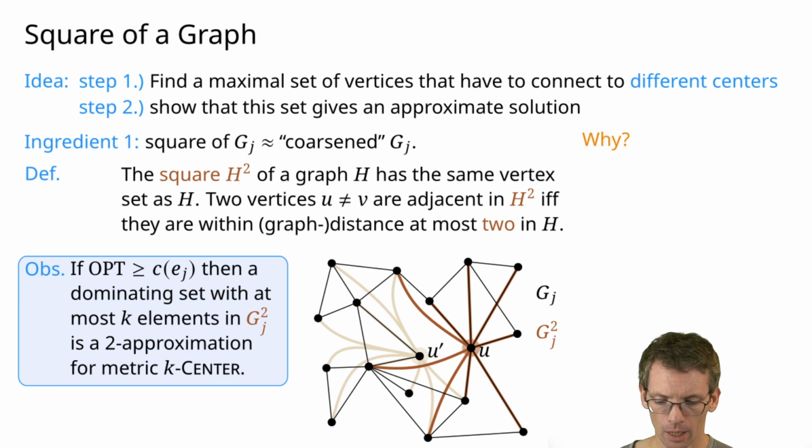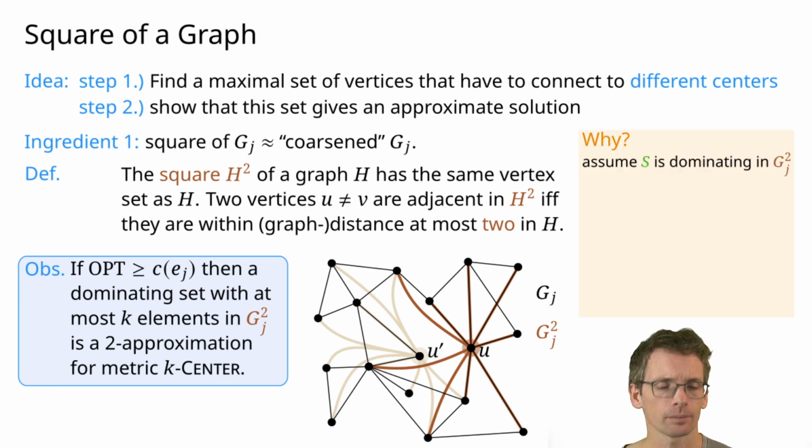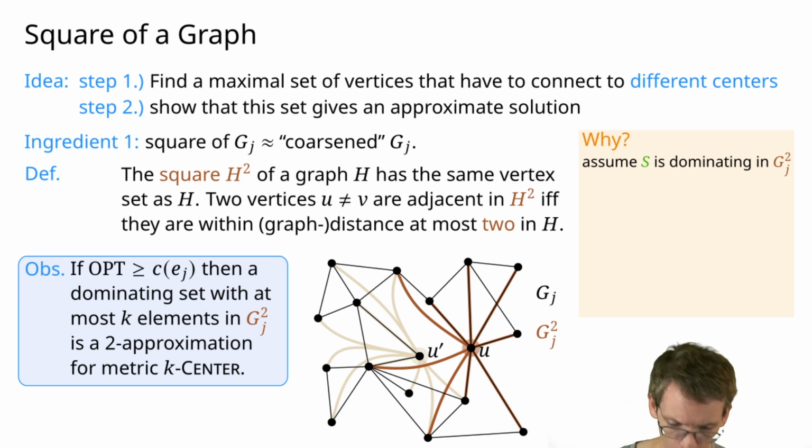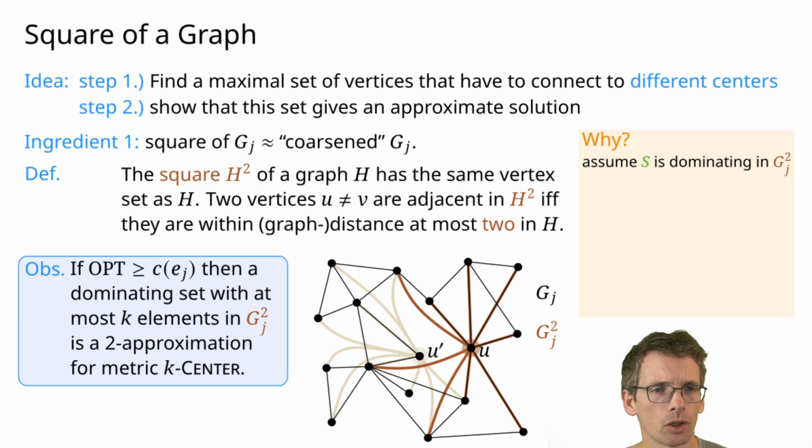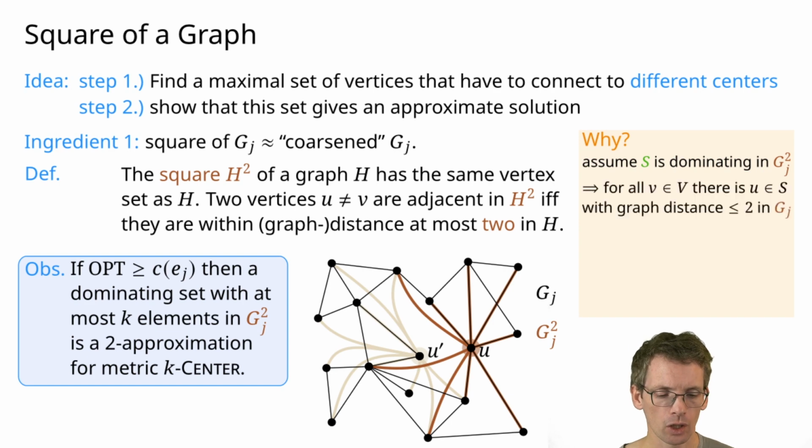So let's say we have such a dominating set, in my case u and u prime. Then what I have is every other vertex is adjacent to these vertices in Gj squared, meaning that in Gj any other vertex has graph distance at most 2 to at least one of those centers.